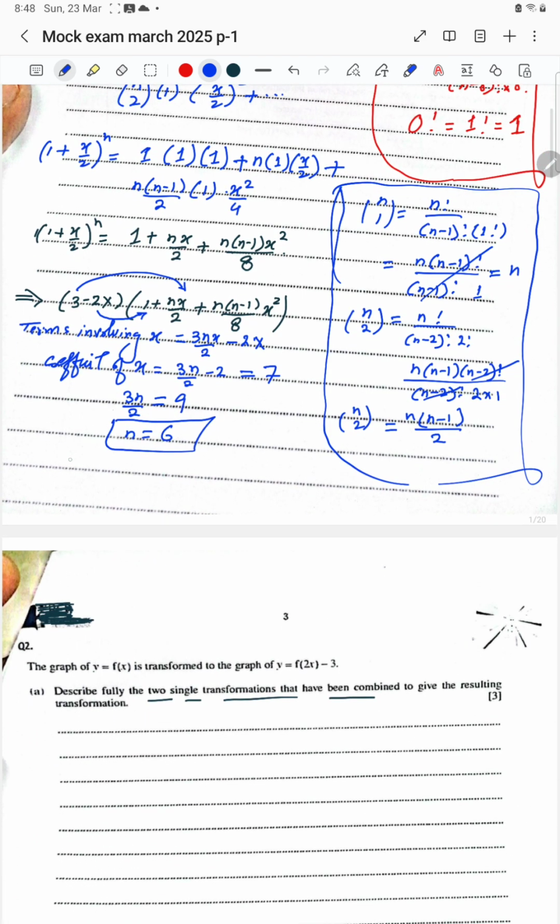So for the coefficient of x squared, you can write the same as terms involving x squared. From here you will see, let me remove these arrows.